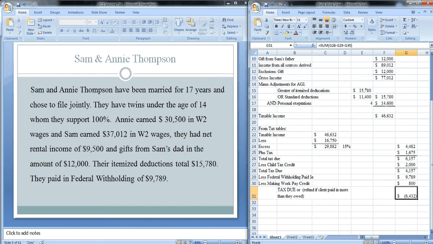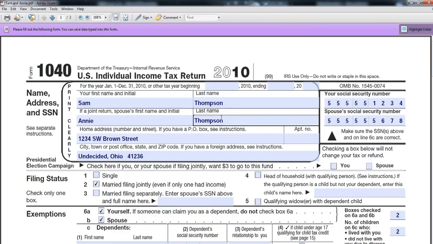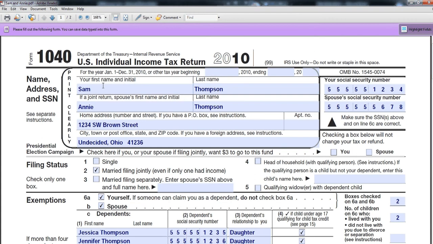Alright, so I want to show you how to complete a 1040. I'm not going to go through every form that you have to turn in along with it, but this is just the Form 1040. Here the husband will always go first because he is the head.